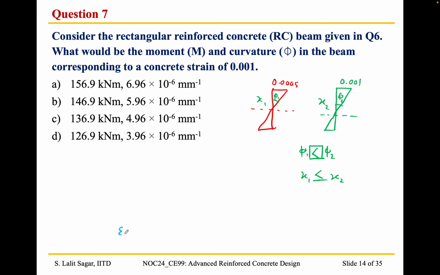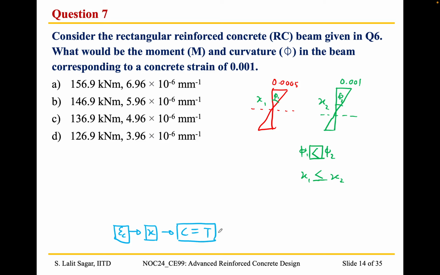So we need to consider a value of epsilon c, then you assume a value of x. Then you check whether C is equal to T. Let me box it up. Check whether C is equal to T.